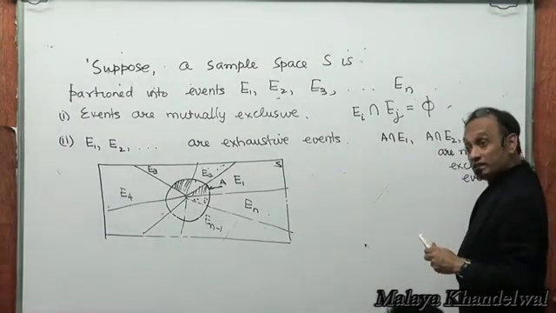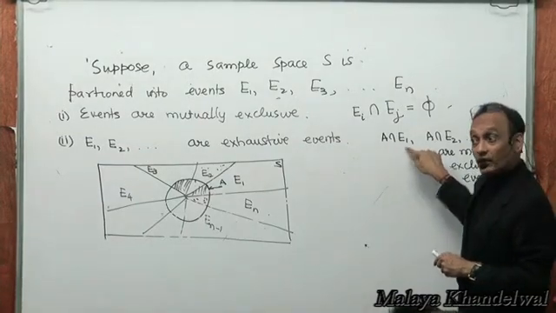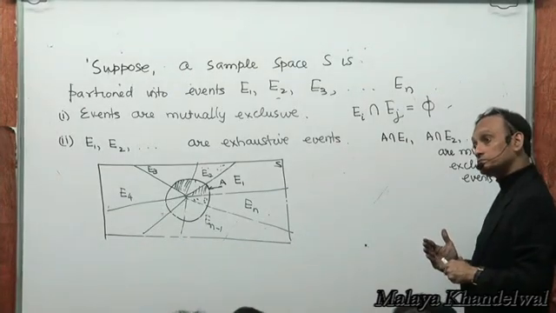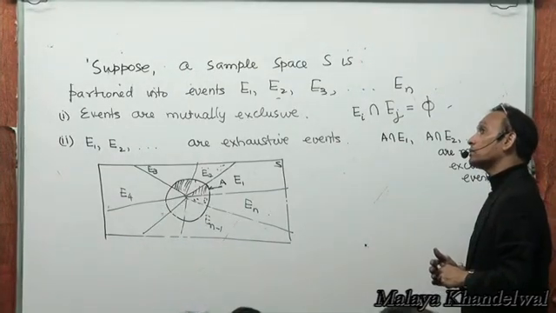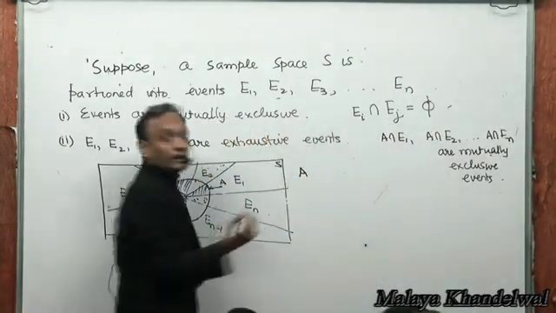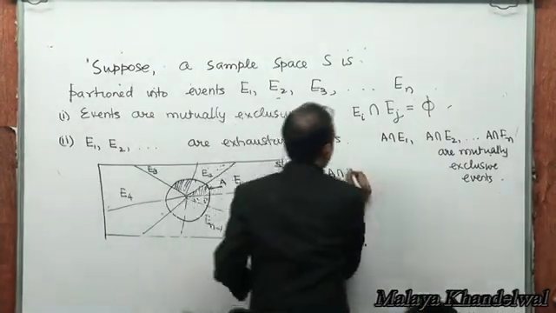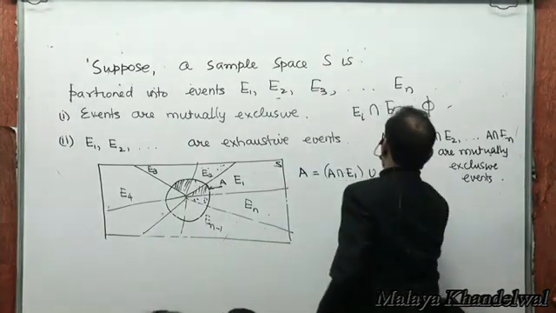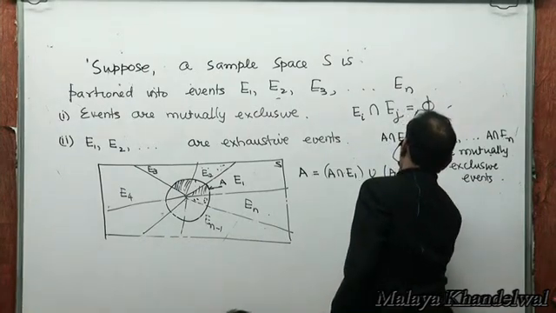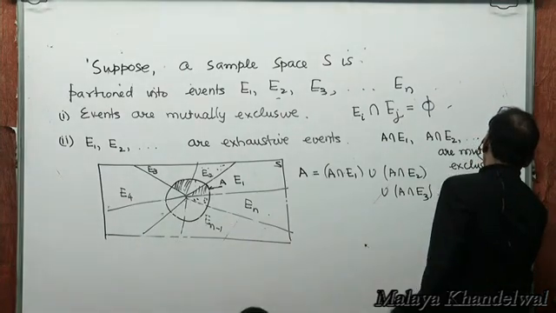And any one of these events could have been the cause of A. Yes or no? That means, can I say that A is A intersection E1 union A intersection E2 union A intersection E3 union A intersection En?